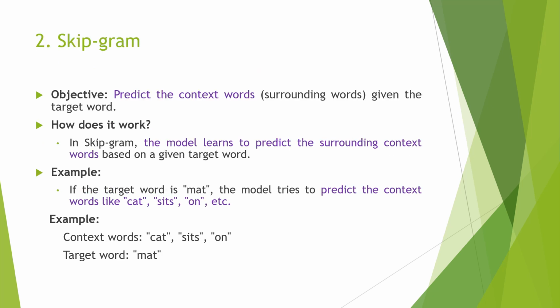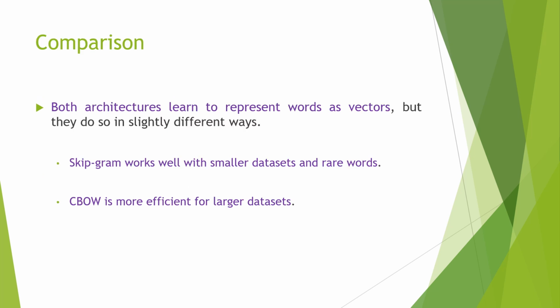In the skip-gram model, it performs the reverse operation, that is, it predicts the context words, the surrounding words, based on the target word. For example, here the target word is mat. For this target word, it predicts context words such as cat, sits, on, etc. These are all the context words predicted by the model.